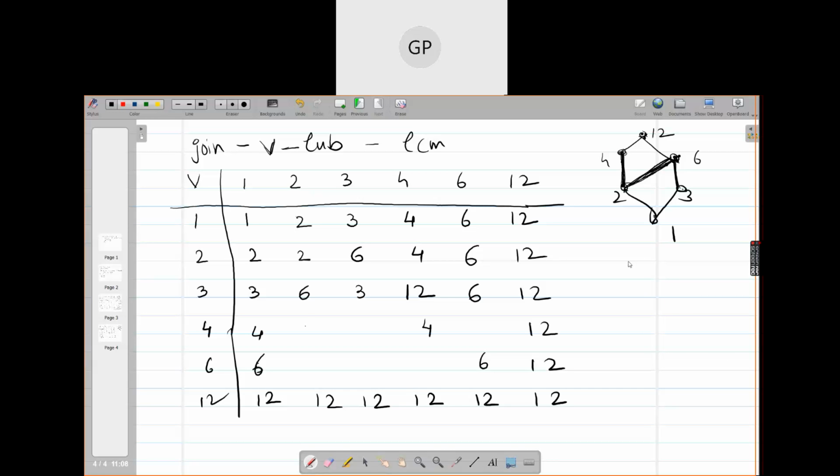Yes, ma'am. हाँ, बताओ. What is 4 join 2? Have you understood the concept? What are the upper bounds of 2 and 4?